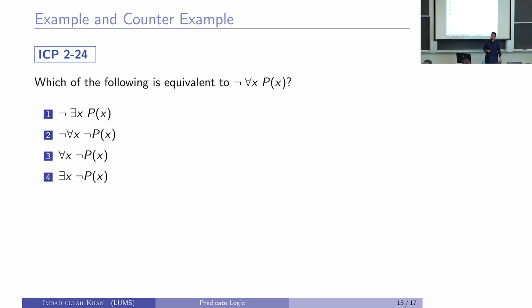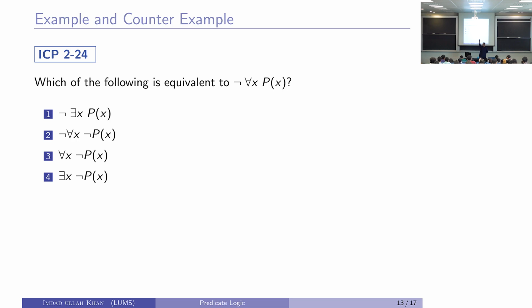Okay. Let's do one example of this. Which of the following is equivalent to the negation of for all x P of x? 4. Yes. Anybody else? Any other idea? 4, right?